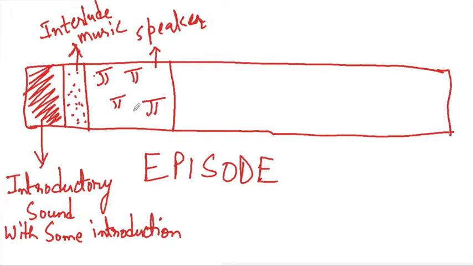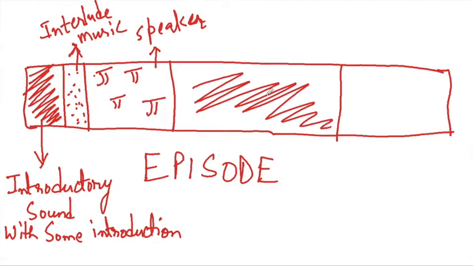He will tell something about the podcast to his audience, and then the content segment will come, right? So this is the content segment where the main content of the podcast will be there.